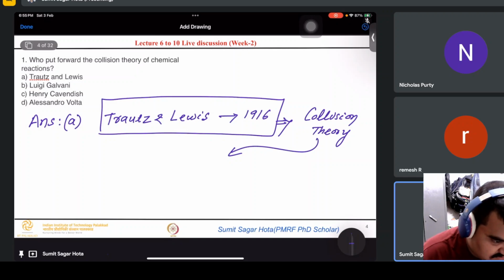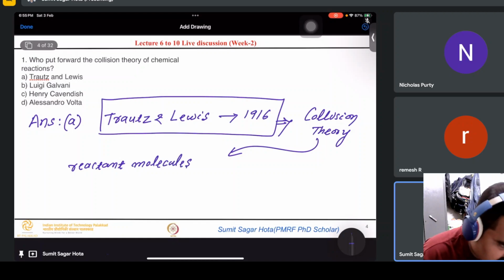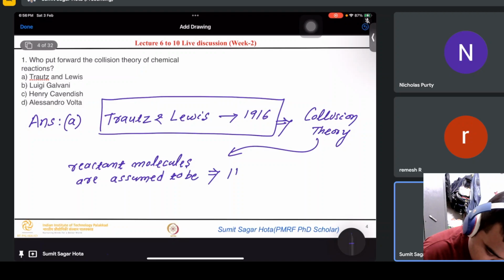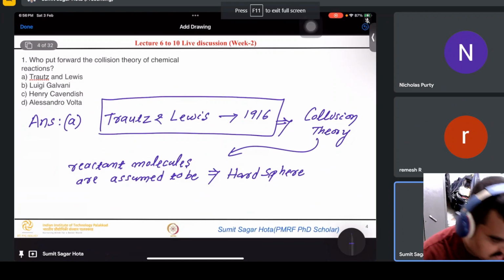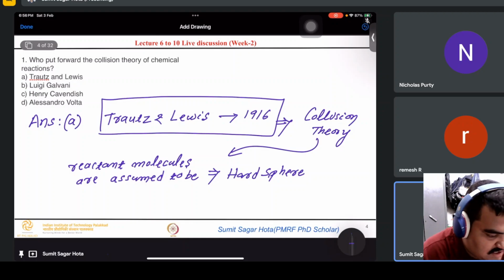This is the assumption: the reactant molecules are hard spheres. This thing is also the assumption and it's also the drawback.